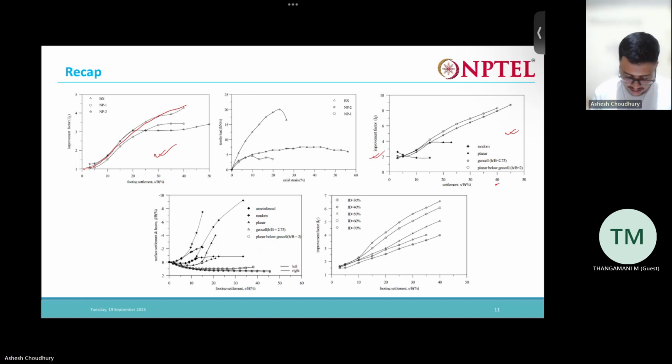Here is one more for geocell with different arrangements, and here the improvement with geocell when the relative density of the filling soil within the geocell is changed. For that we get different effects.